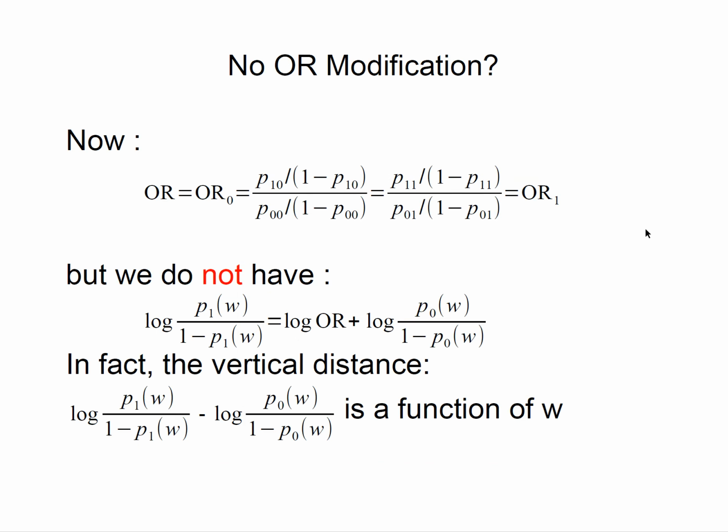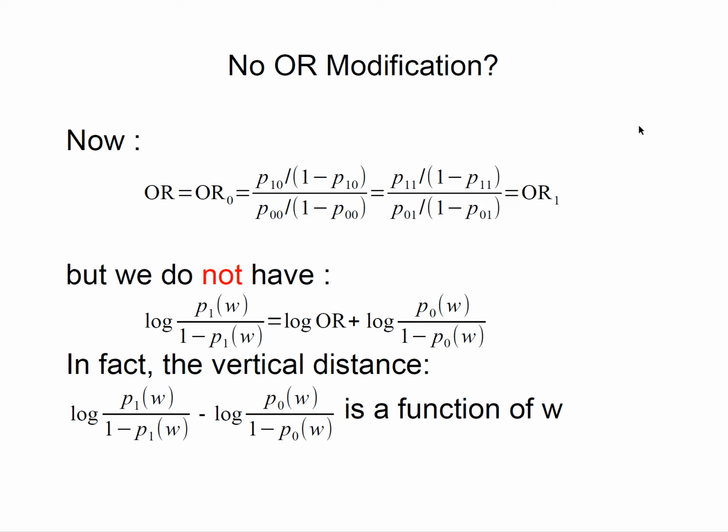Now we come to the new part of this particular discussion of two 2x2 tables. We know that if there's no risk difference modification, then those two lines, one for the exposed and one for the unexposed, are parallel.